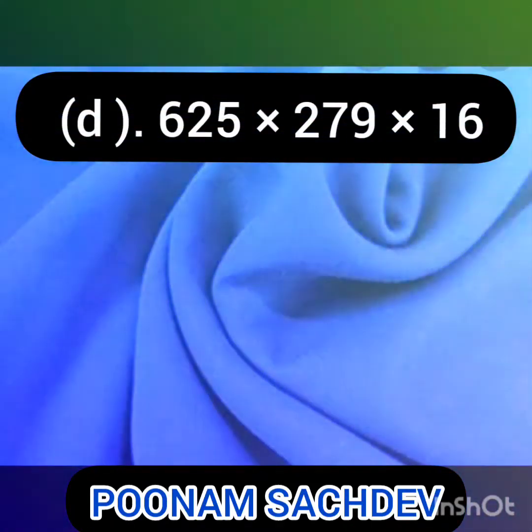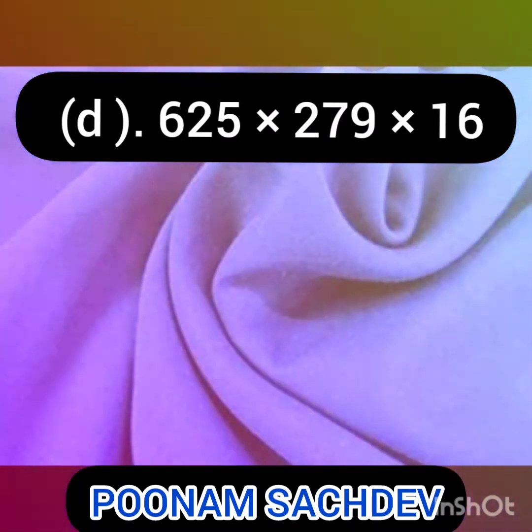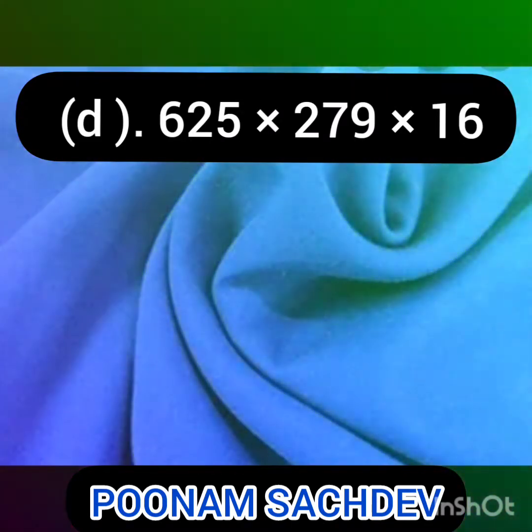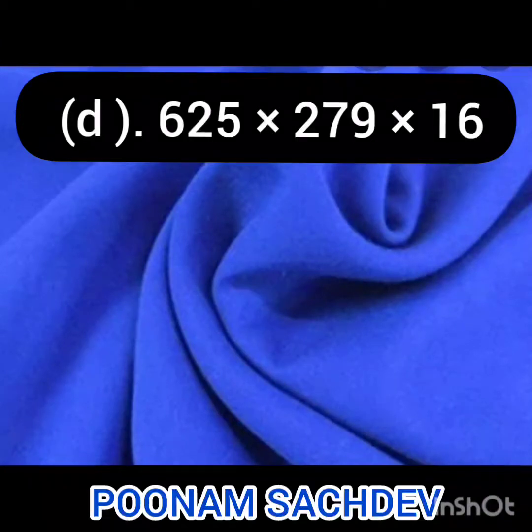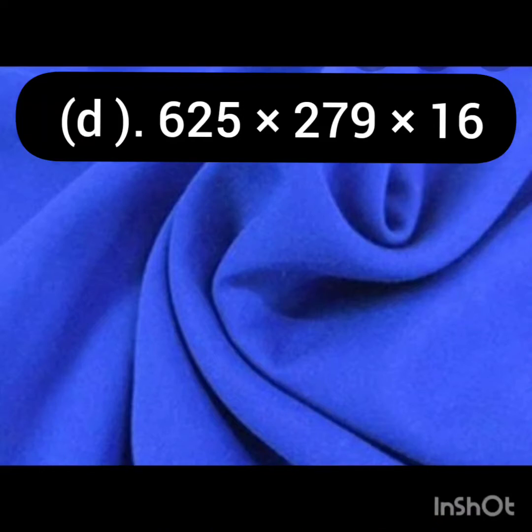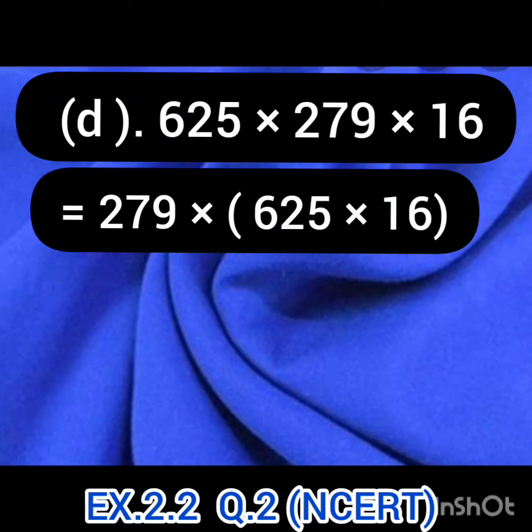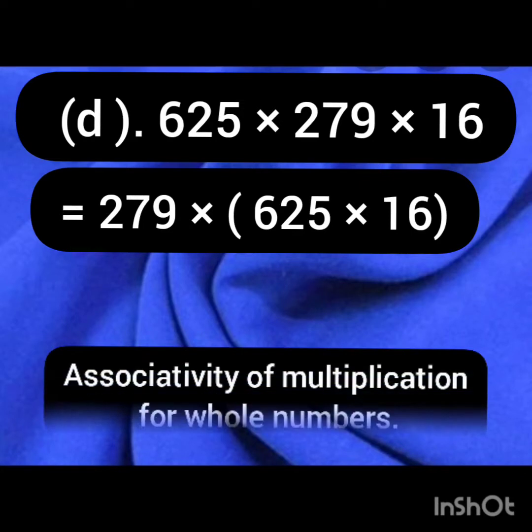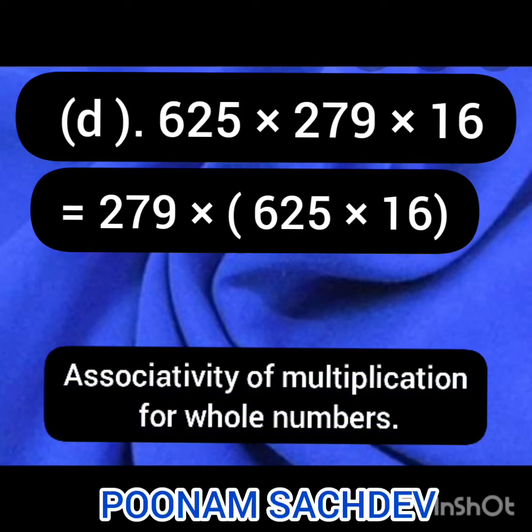D. 625 into 279 into 16. Now let's make a group for our convenience. So here we are making the group of 625 with 16. This property is associativity of multiplication for whole numbers.